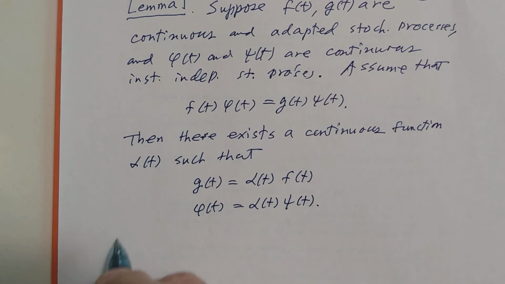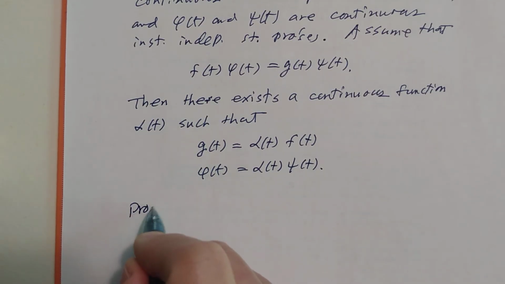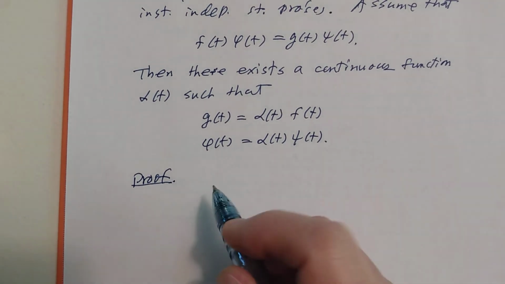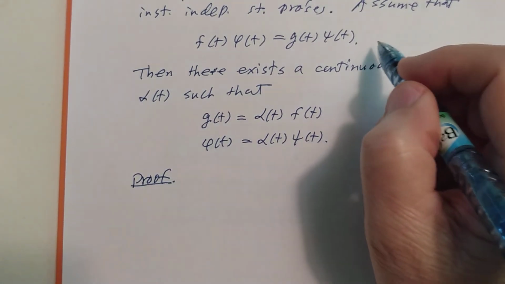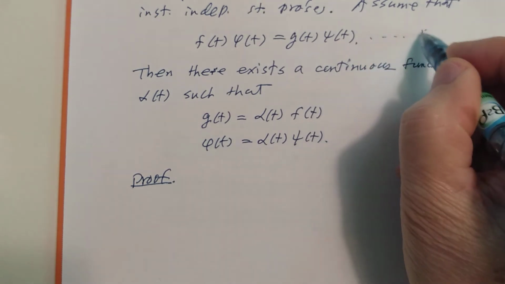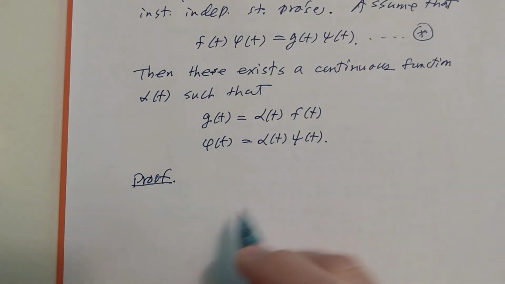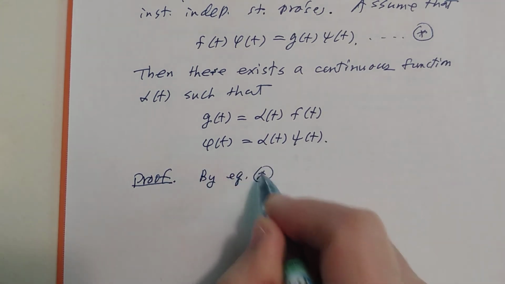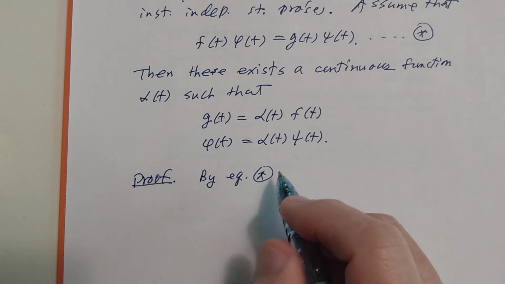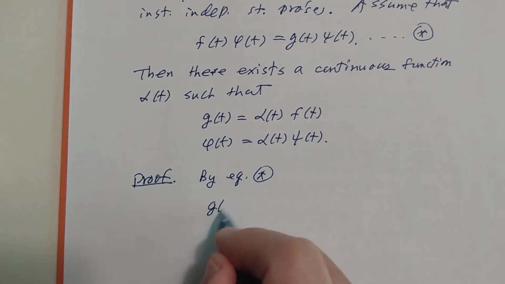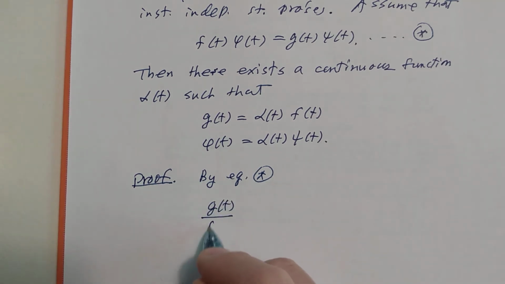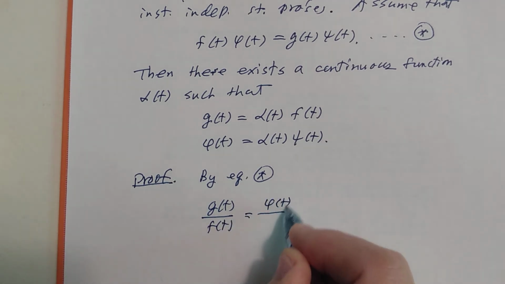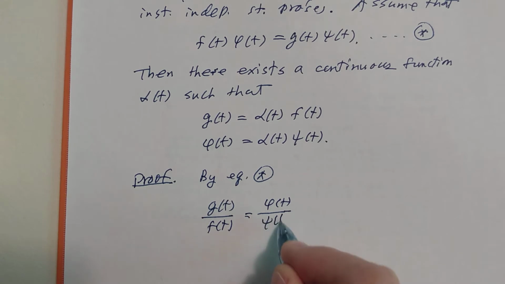And here is a proof. By the assumption, I put this as equation star. By equation star, g_t over f_t equals phi_t over psi_t.